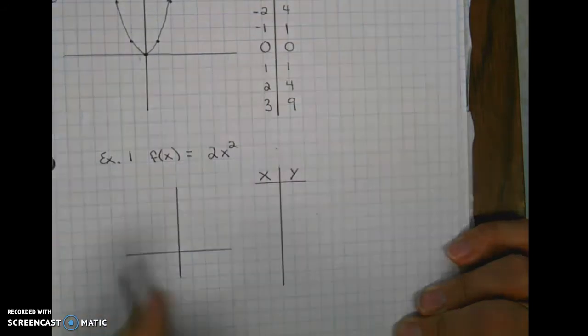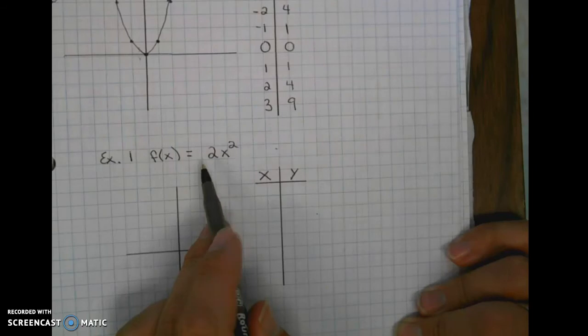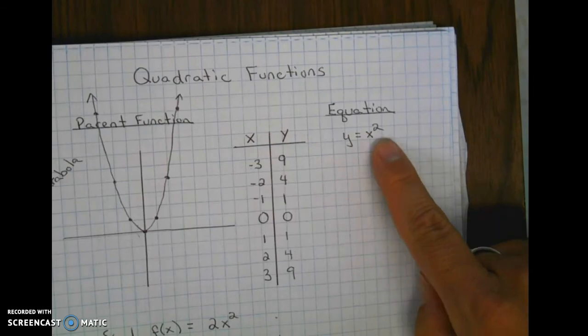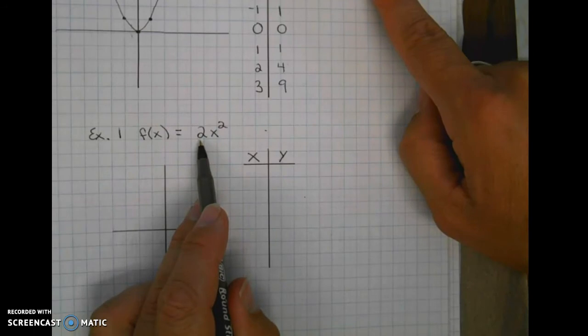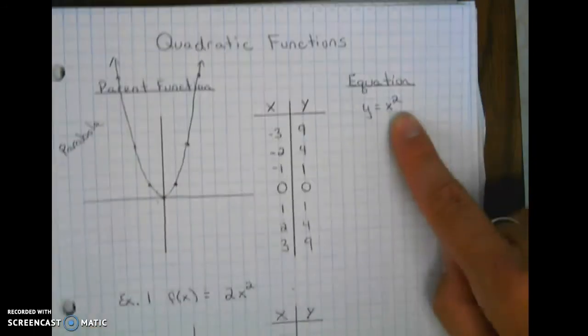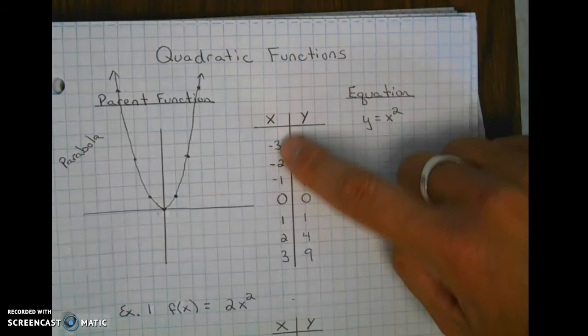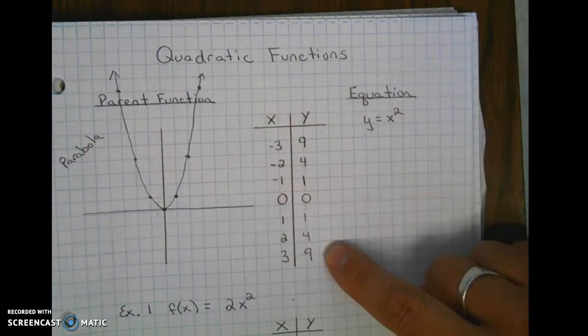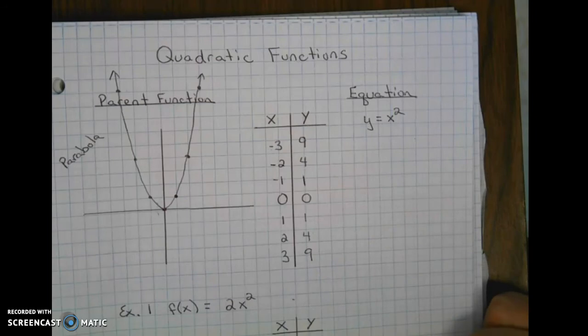Well, first of all, how does this change if we look at the equation from the parent? Well, notice that the x squared is getting multiplied by 2. So what's going to change here? The x values or the y values? What do you think?